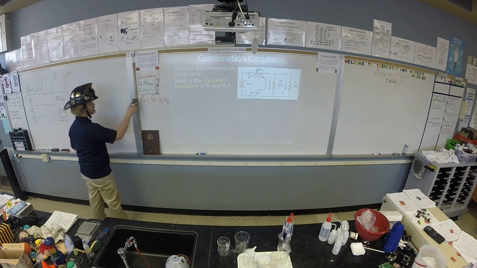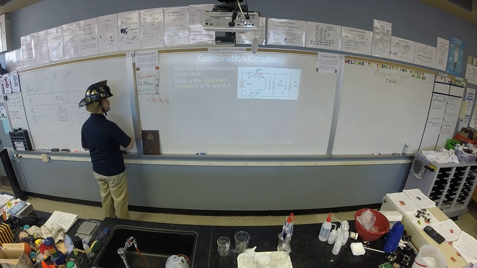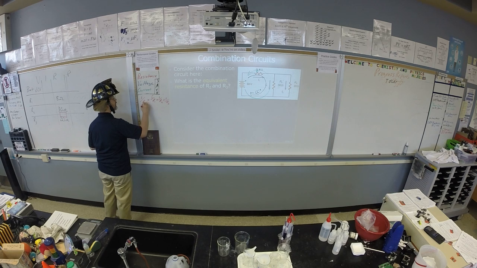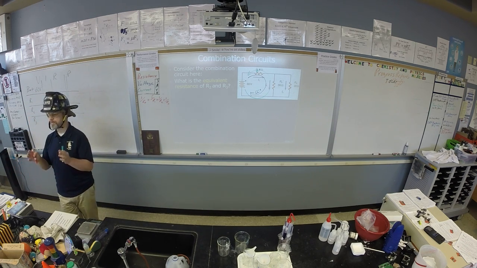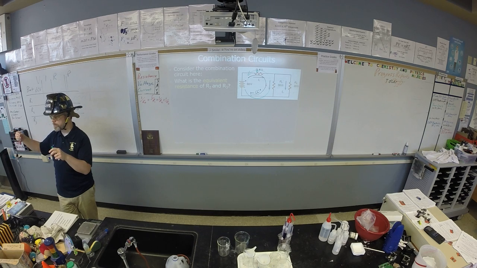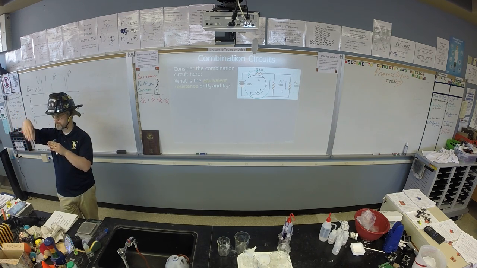Wait, I'm confused. Would an equivalent resistance say that they're the same? So why would it be less? When we say equivalent resistance, we mean equivalent to the section that we're looking at. So you take the 20 and the 30, the equivalent resistance going into the 20 and 30, that's what the battery would see, or that's what the single road would see before it branches into 2 roads.